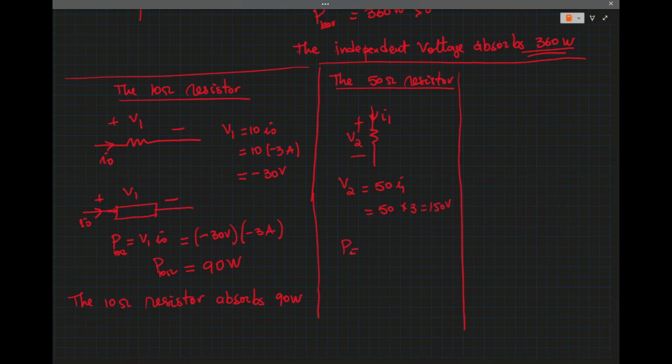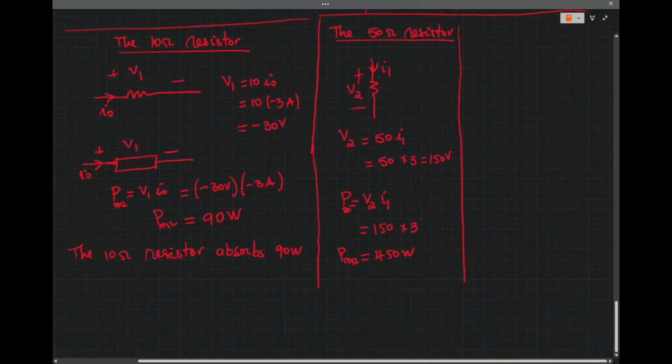So P is V2 I1, so that is 150 times 3, so that is 450 watt. So P of 50 ohms. Okay, so what conclusion?